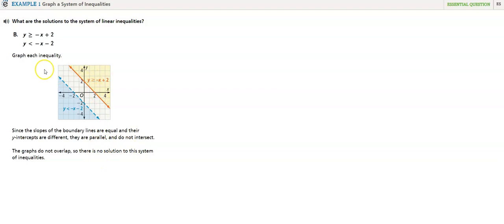So if their slopes are the same, their y-intercepts are different, and their signs are opposite, then you are most likely going to have no solution. Now, it could be that this line would be down here, this line's over here, and so they might overlap in the middle, so you have to really pay attention to the graphing of this, but you can have it so that these parallel lines do not intersect.